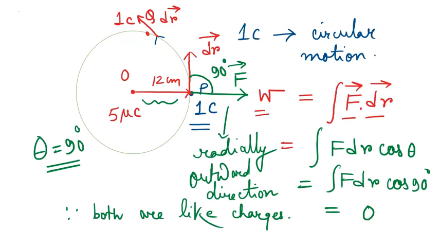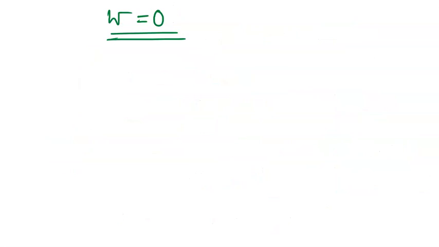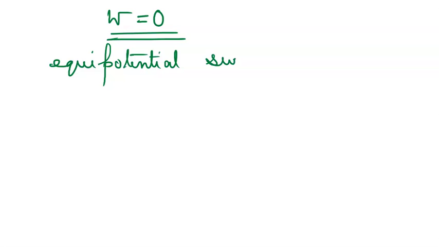And this surface will act like an equipotential surface. From the definition of an equipotential surface, the potential difference between any two points on it is always 0.